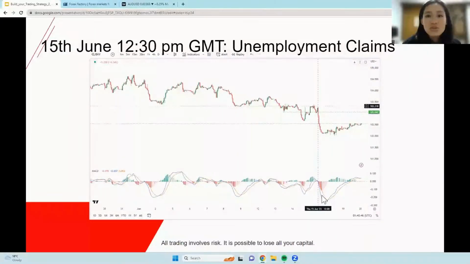So we see this drop. If we recap what we talked about for the MACD, you can see price crossover here, right? The signal line and the MACD line, price crossed over. And then we also see this red histogram, the red area.